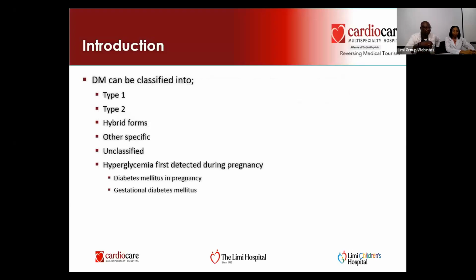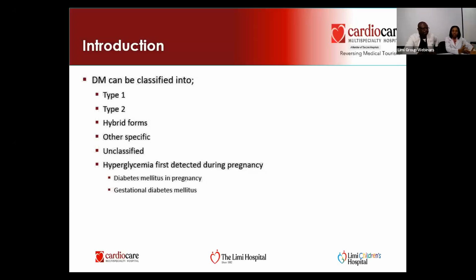This diabetes mellitus can be divided into multiple classifications. There's type 1 diabetes, which is the insulin-dependent one. There's type 2 diabetes as well, which is the insulin non-dependent. Then there's the hybrid form, and there are other specific types.